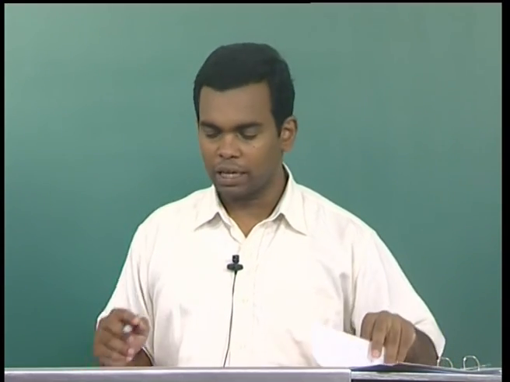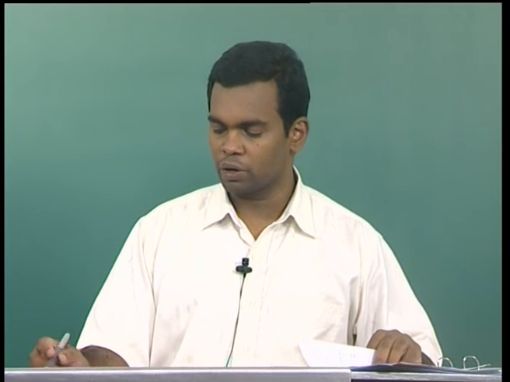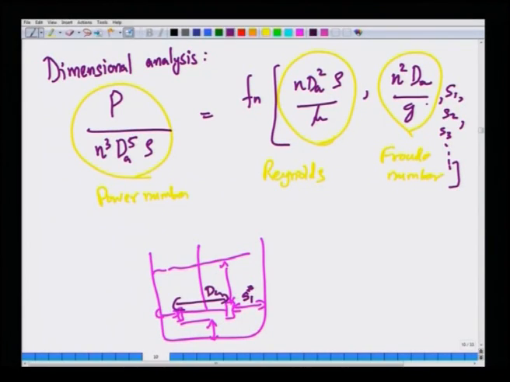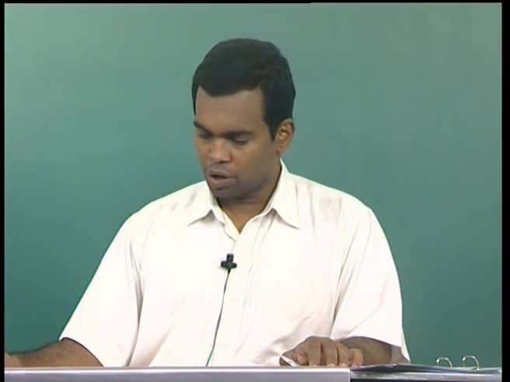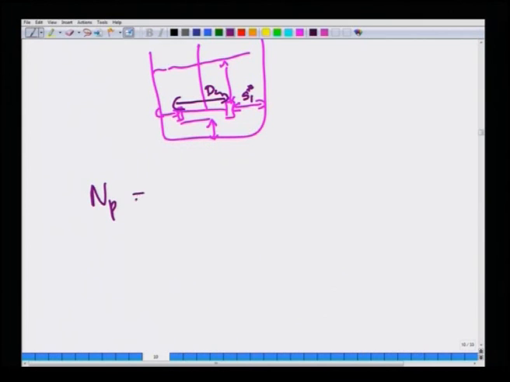We cannot say that only if Reynolds and Froude number are same, you will have similarity, because there are other shape factors also which are important. Once we do that, now the power number is a function of the Reynolds number, Froude number and shape factors.